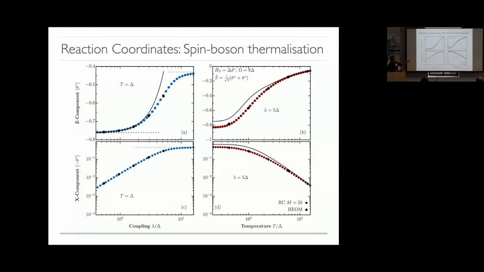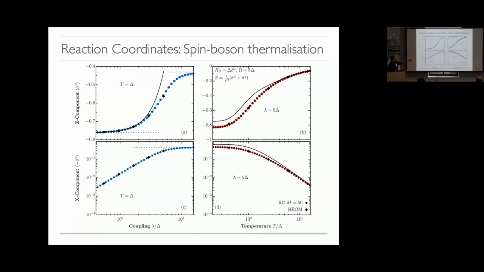These diamonds here are results obtained from hierarchical equations of motion. This value here is the weak coupling limit approximation. This is the ultra strong coupling limit, which you can obtain if you're familiar with the works of Jan Anders, for instance. This can be analytically described for this model. And this black line here is a second order approximation to your thermal state, which is a further approximation that you can make on a thermal state at strongish coupling.